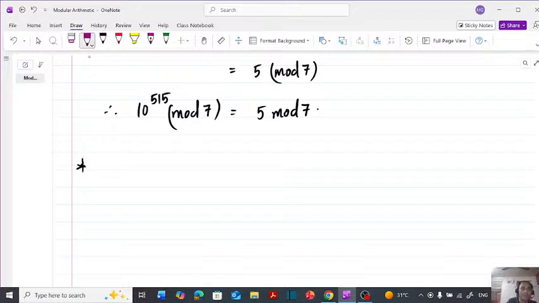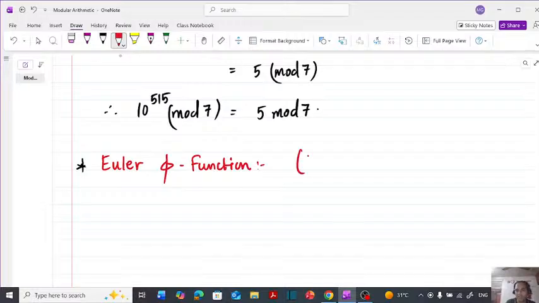So there is one important function, Euler phi function or Euler phi function. It is sometimes also called the totient function. Now what does it do basically?